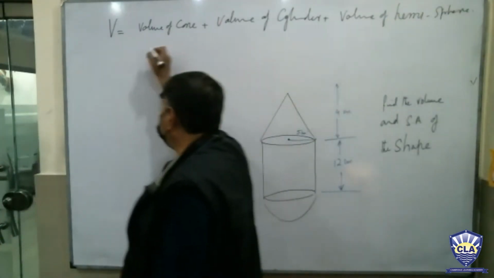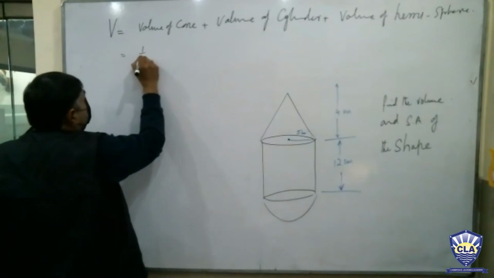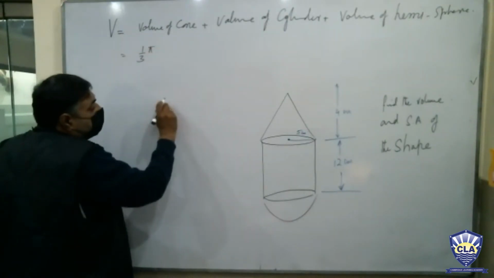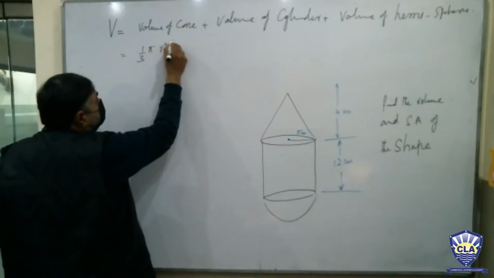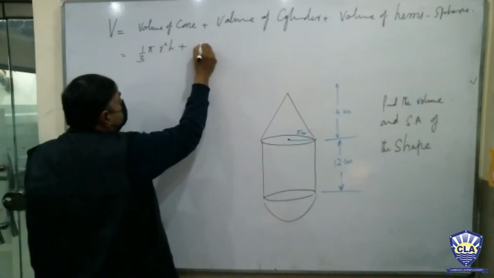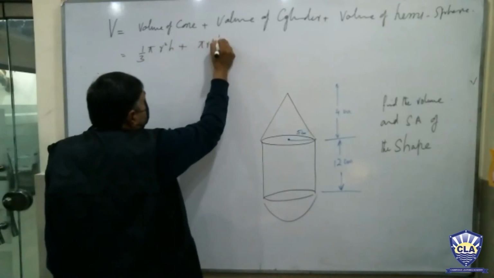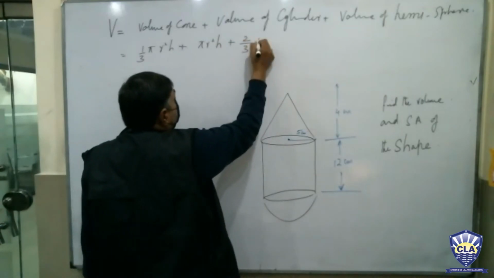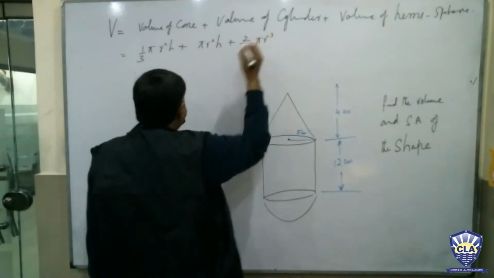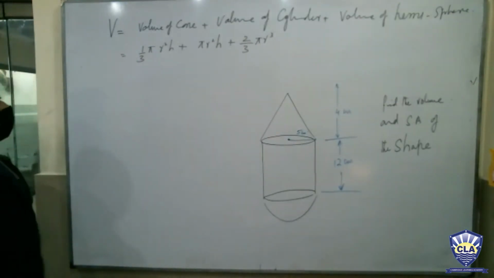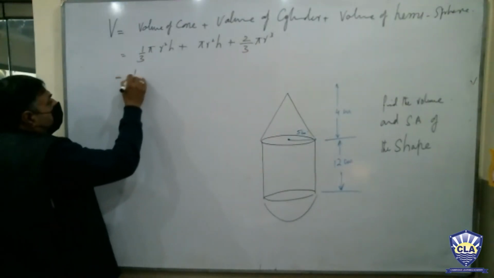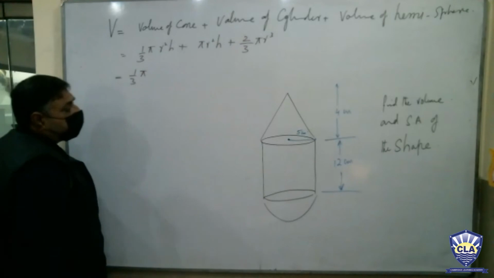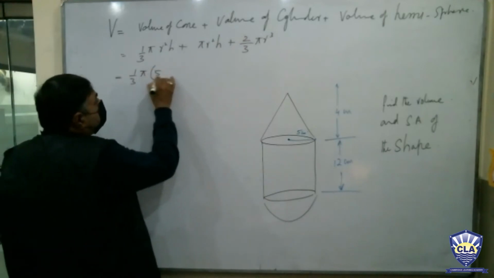Volume of cone is 1/3 pi r square h, plus volume of cylinder, plus volume of hemisphere 2/3 pi r cube. Put the radius: 1/3 pi, what is the radius? 5 square.